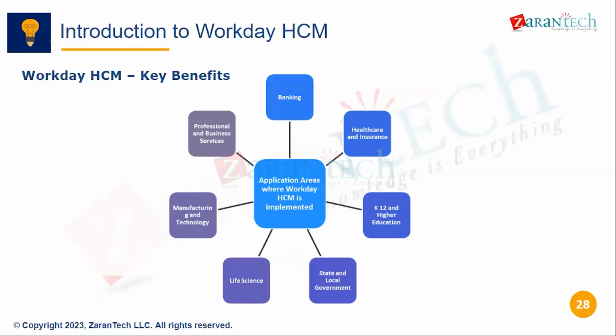How these scenarios are set up in the system can be seen in this training, and how we can make those changes. Similarly, if a manager is being fired, then the approval should go to the CEO. I'm just giving you a hypothetical example of how things move around. So these are the key benefits of having the HCM training.